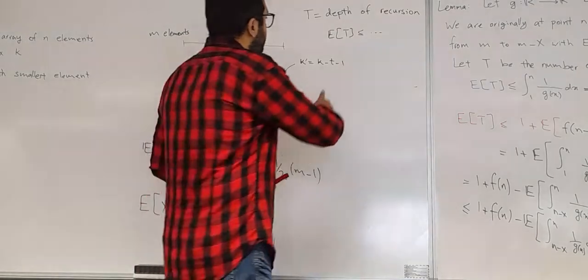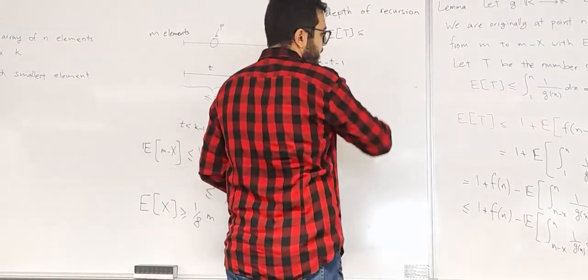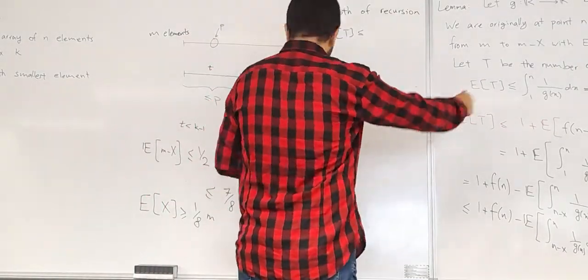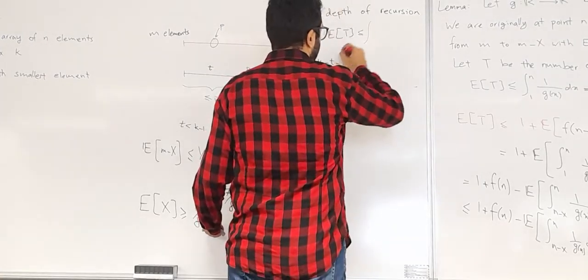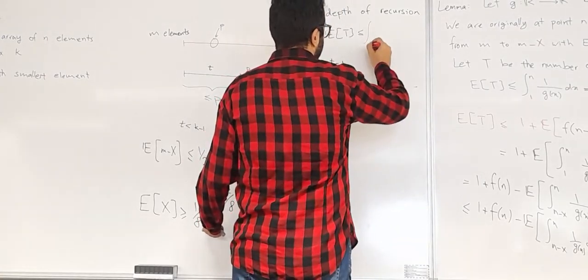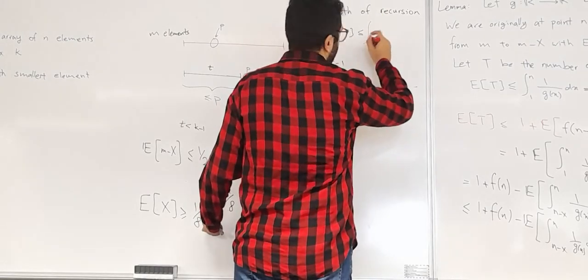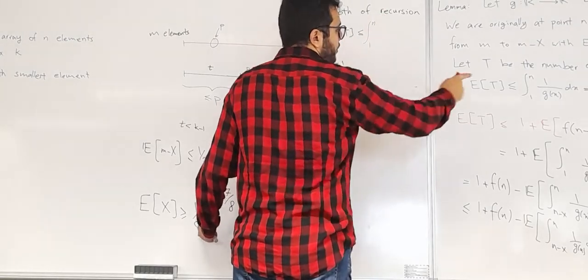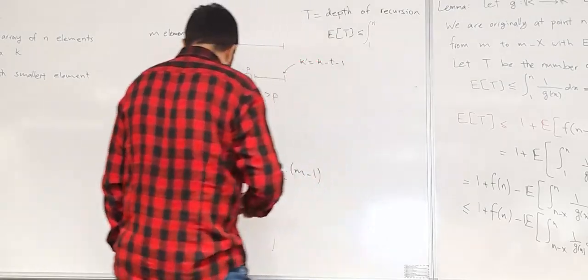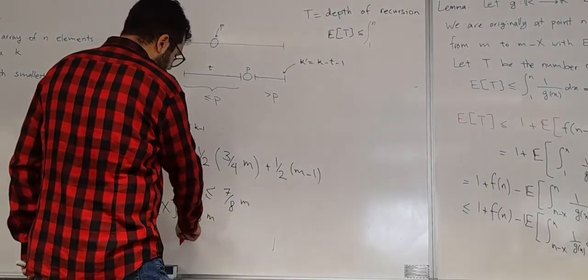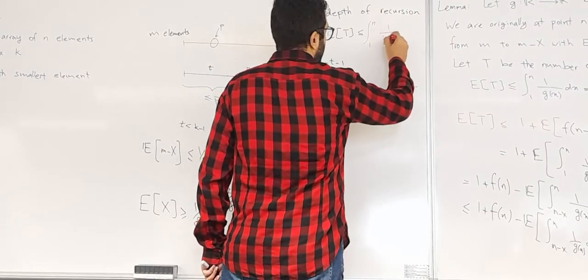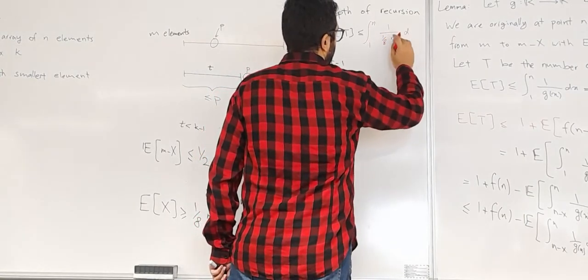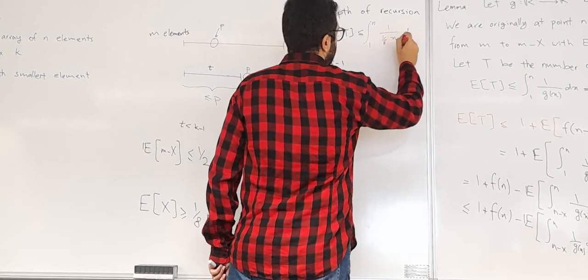And so I can say that the expected number of steps is at most the integral of this function. This is the integral from 1 to n of 1 over g of x, so 1 over 1/8 of x.